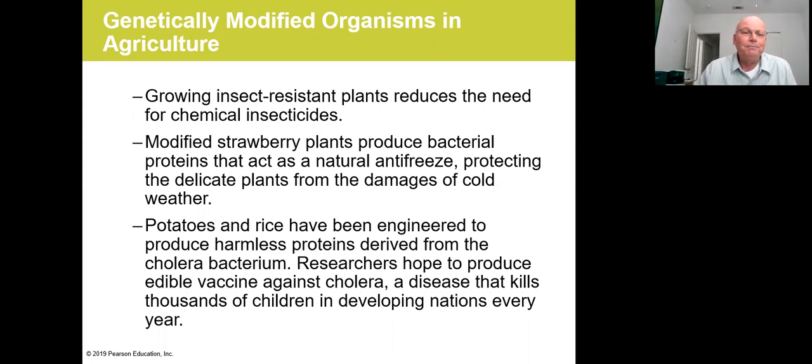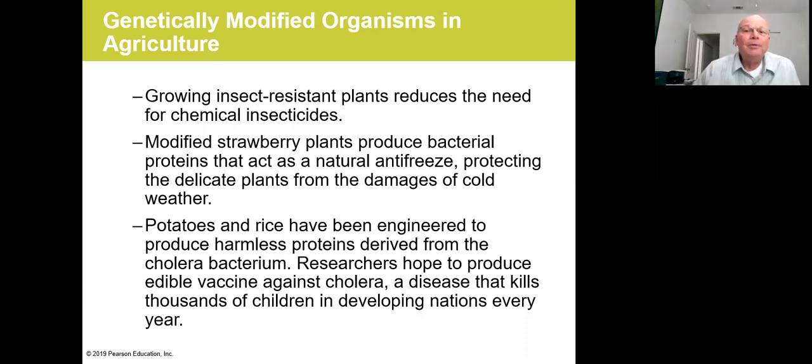Then we know strawberries are very, very susceptible to cold weather, to hard freezes. And unfortunately, strawberries produce their berries right at the end of winter, early in spring, so they can be very easily subject to hard freezes. And even here in Florida, where we have our strawberries growing over in the Tampa area, they can be subject to hard freezes and loss of the strawberries.